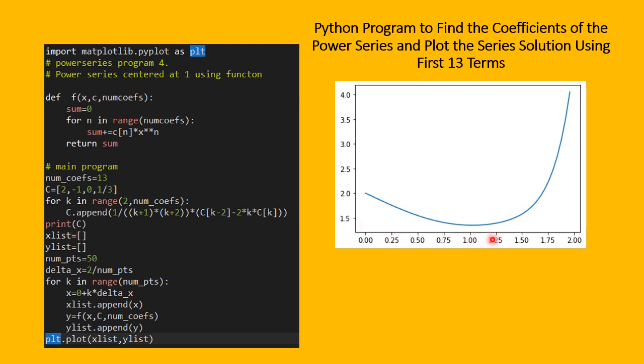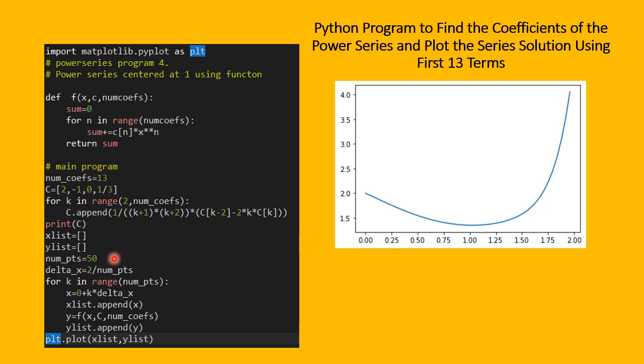So X list is going to be a list of some of the values of X, and they're somewhere on this horizontal axis. The Y list is also starting out to be empty, but I will fill it up with Y values. In fact, I will fill up the X list and Y list with values that correspond to ordered pairs of numbers for points on this graph.